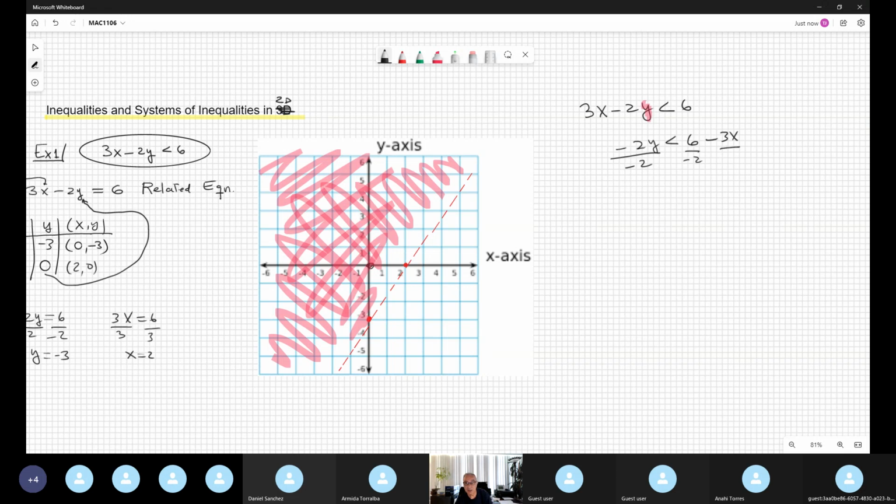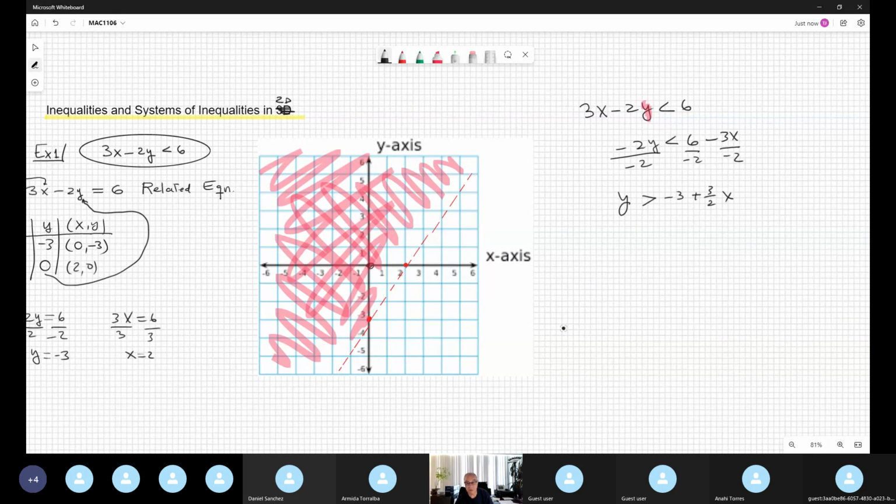Now you need to remember that when you divide by a negative number, the sign of the inequality reverses. And 6 divided by negative 2 is negative 3, and plus 3/2 x.